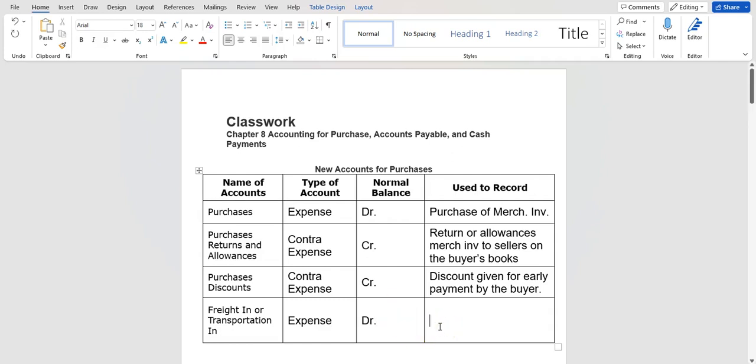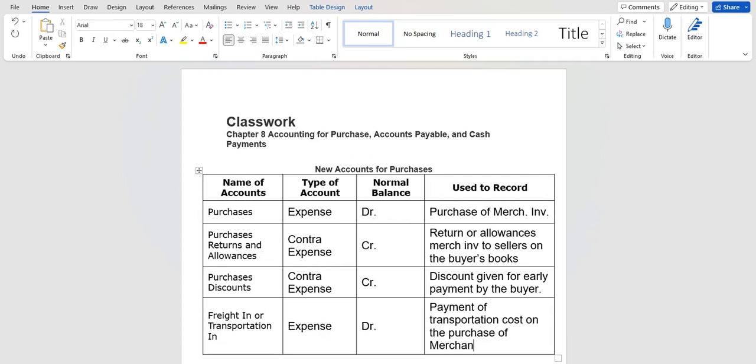All right, and then this is going to be used to record the payment of transportation costs on the purchase of merchandise inventory.